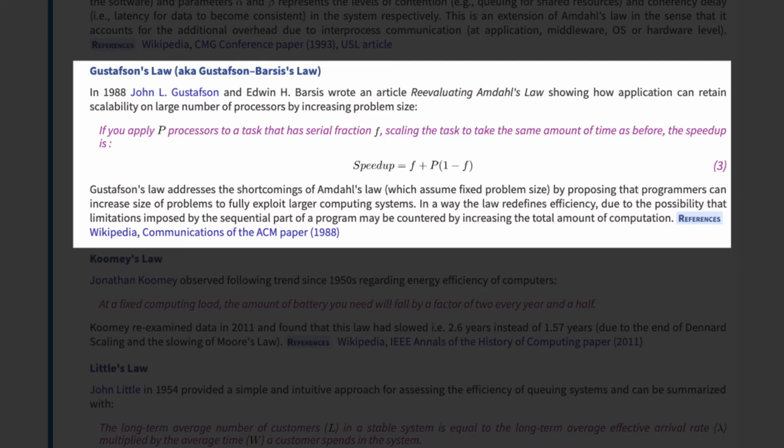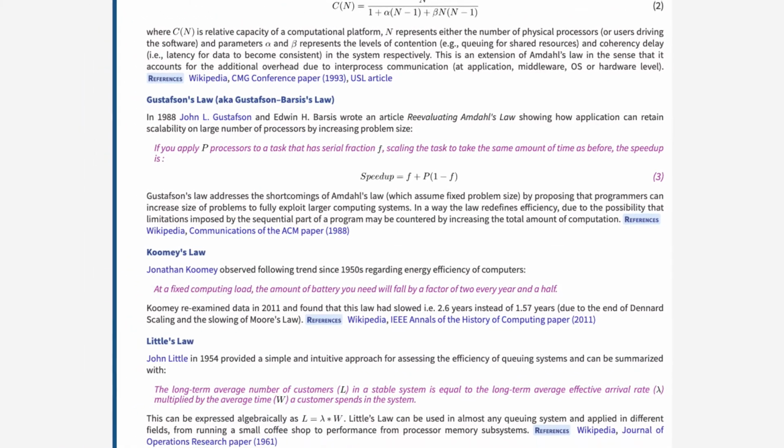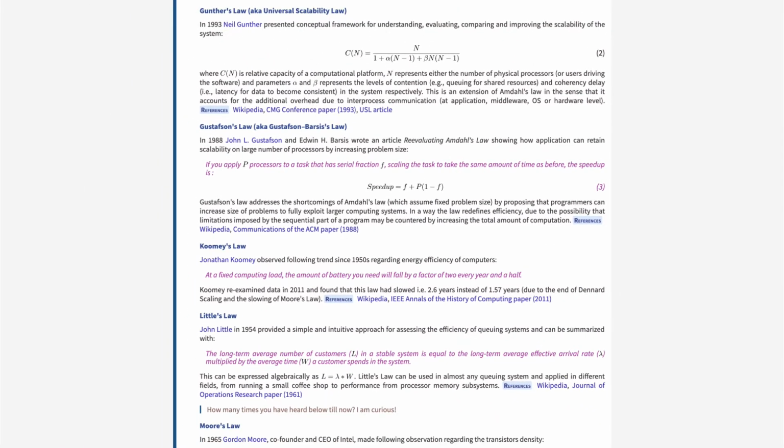This law says if you apply P processors to a task that has a serial fraction f, the speedup will be equal to f plus P multiplied by (1 minus f). As you can see, f remains constant because it's the sequential part of the application, but the rest of the application scales with respect to the number of processors P.